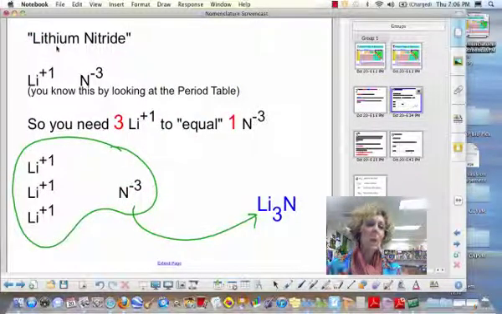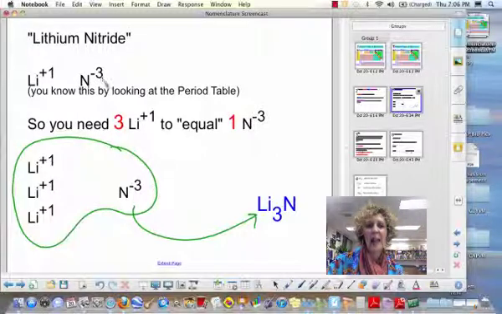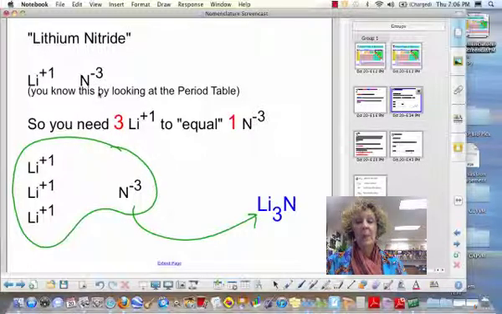So what is the formula for lithium nitride? So this is the name now, and we want to be able to write the formula. So I know that lithium forms a +1 ion, and nitrogen forms nitride, which is a -3 anion. I know this by looking at the periodic table and what columns they're in.